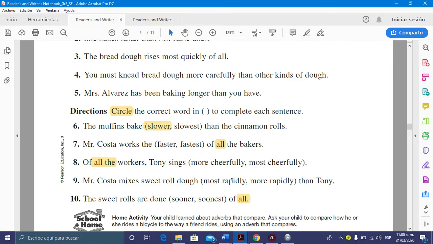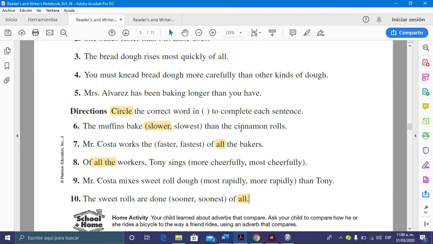In number 9, you have to choose the answer in comparative. In number 8, you have to choose the word with superlative. In number 7, you have to choose the word in superlative. And number 6, you already have the answer.